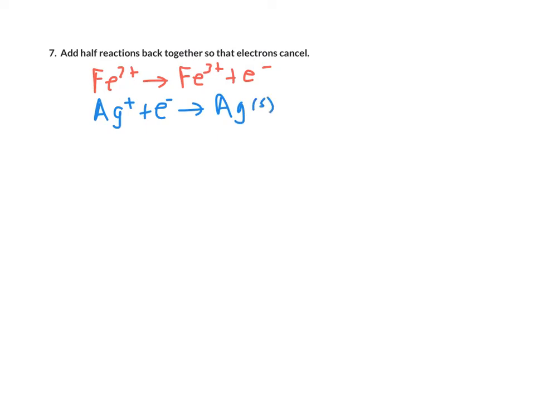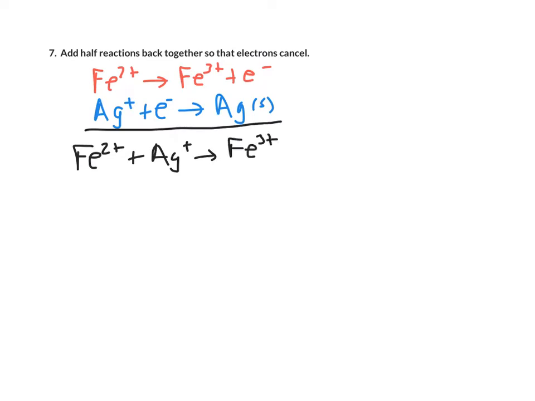So if we add these two things together, we can see that we have 1 electron on the reactant side here and 1 electron on the product side here. So we can just add these two things together and our electrons will cancel. And if we do that, we get iron 2+ plus silver plus goes to iron 3+ plus silver solid.